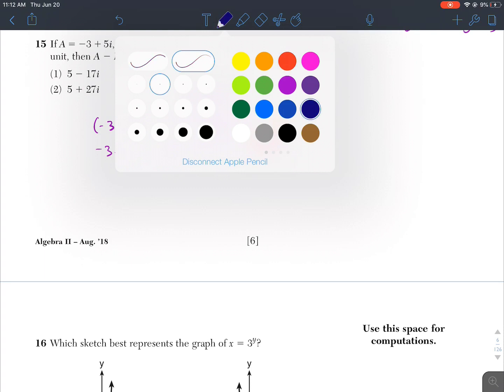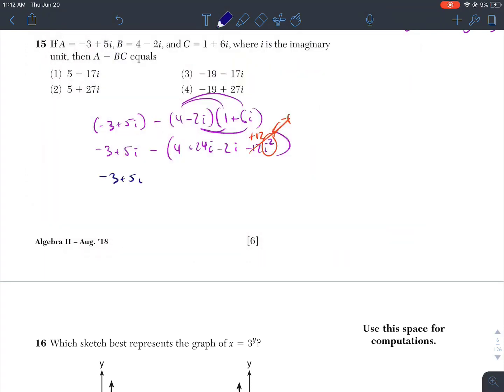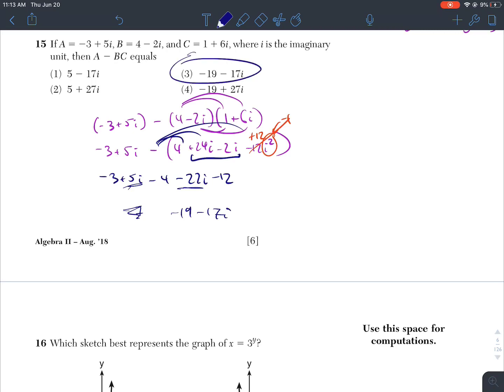Next up, when we subtract these things, we get negative 3 plus 5i minus 4 minus 22i minus 12, because the negative distributes to that. And I think this gives us negative 7 minus 12, that's negative 19. 5i and minus 22i is negative 17i. So that gives us choice 3.